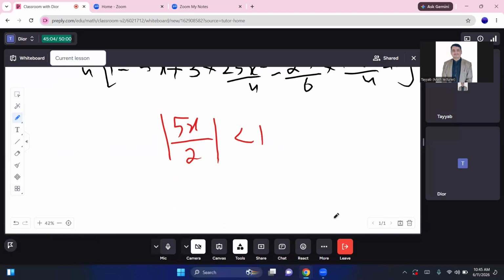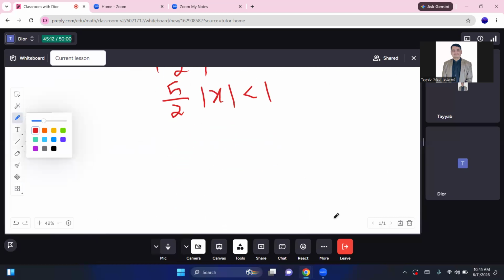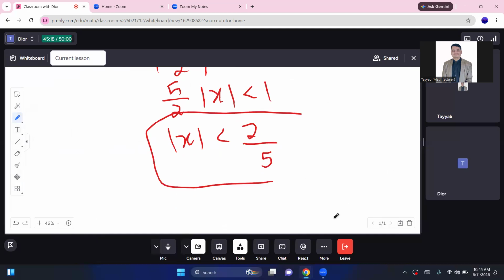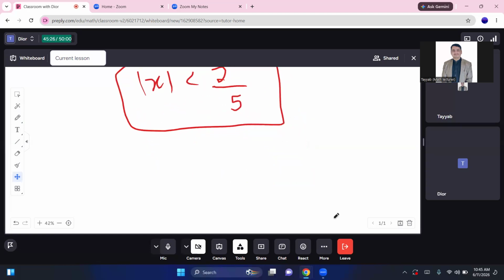So this means that 5 over 2 you can take outside. Mod x is less than 1, and then x is less than 2 over 5. If x remains less than 2.5, then your calculation is fine.